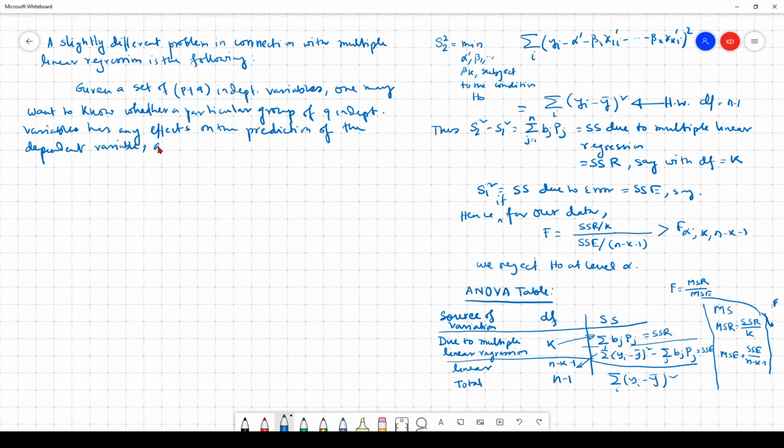after already having fitted the other p independent variables.